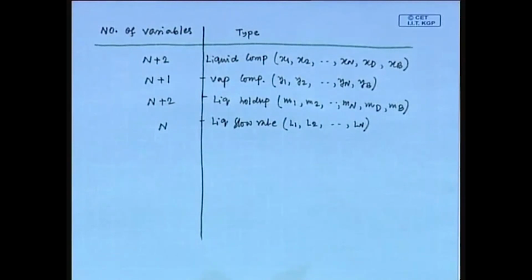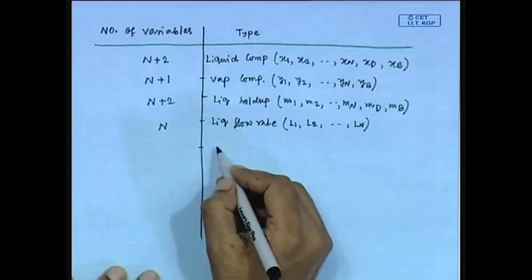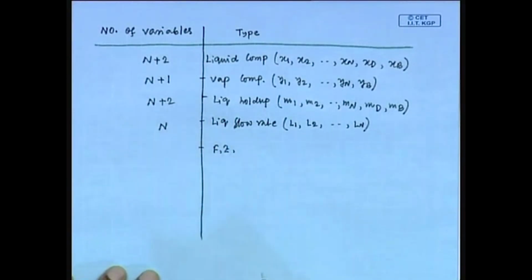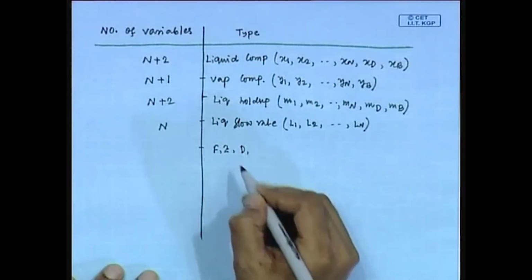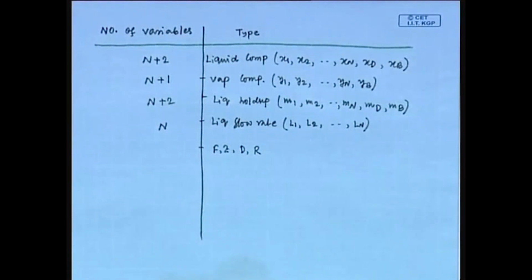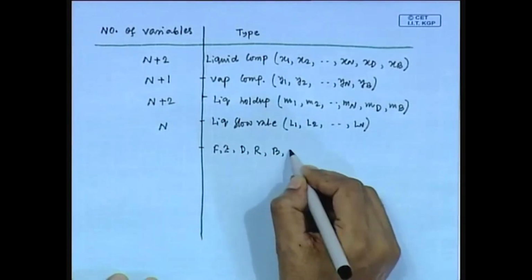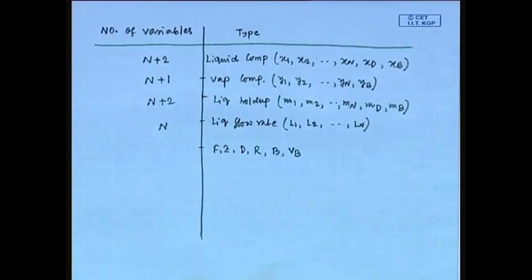Fine. Now, apart from these variables, what are the other variables involved in the distillation modeling? First, you will consider the feed. What are the variables used for feed? F and Z. What about the top section? In the top section, we have another two variables. One is D, another one is reflux flow rate. Fine. And what about the bottom section? One is bottom flow rate, another one is boil-off.